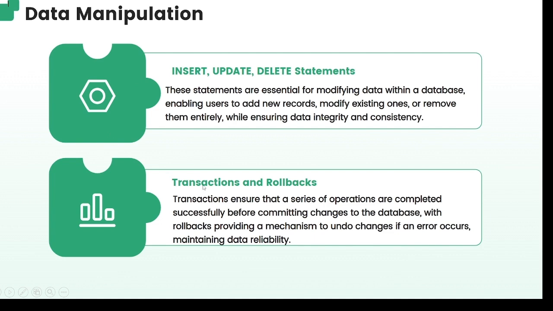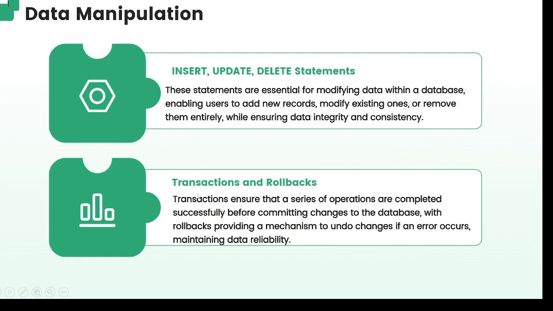When making several changes at once, it is a good idea to use a transaction. A transaction is a group of operations that run together. Either all of them happen or none at all. This helps keep your data accurate and safe.